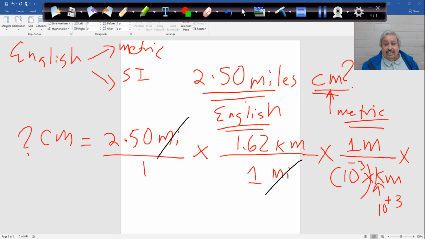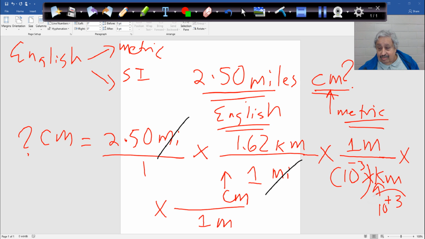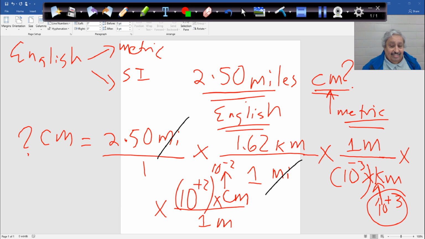But I'm not looking at the meter, I'm looking at the centimeter. So one step further: 1 meter at the bottom, 1 centimeter at the top. Kilo is 10 to the plus 3. Centimeter is 10 to the minus what? 2, correct? So what should I put in front of it? 10 to the plus 2. You get the idea? Very comprehensive, 4 steps.